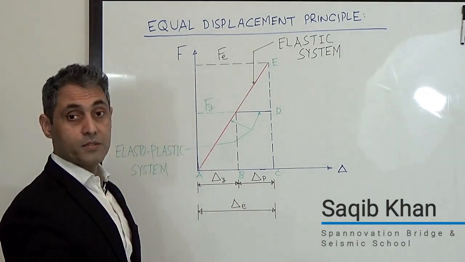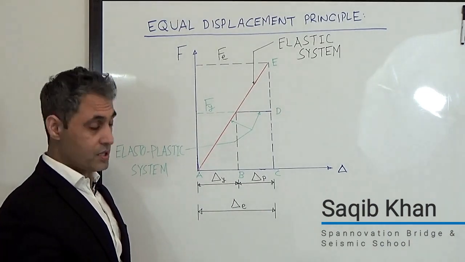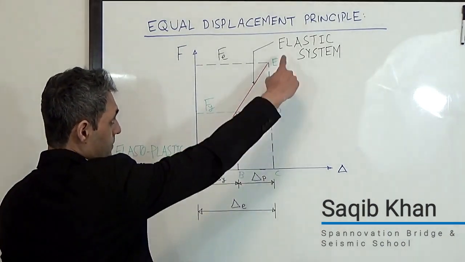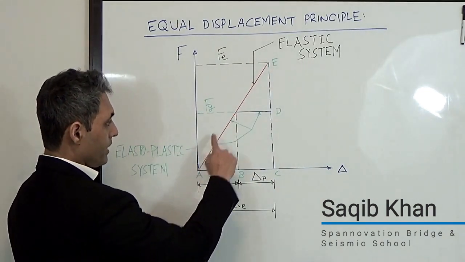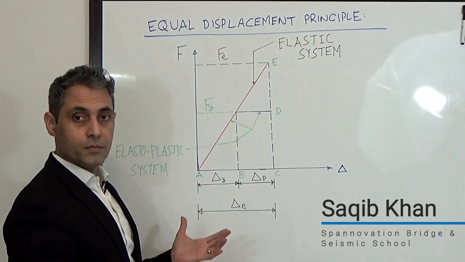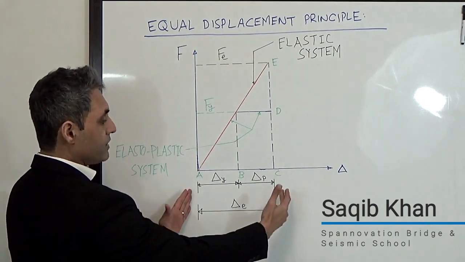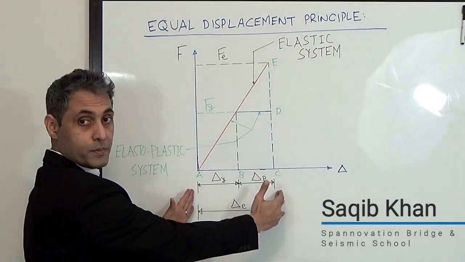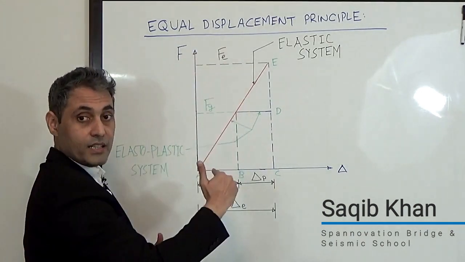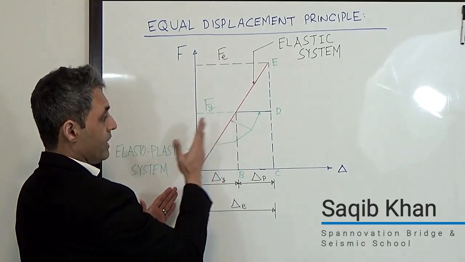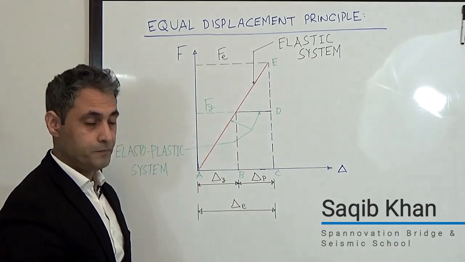What the equal displacement principle assumes is that the system in red, which is the elastic system, and the system in red-blue, which is the elastoplastic system, will have the same total displacement. So even though the two systems have different strength levels, they are going to have the same displacement.